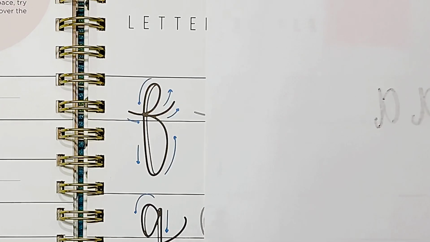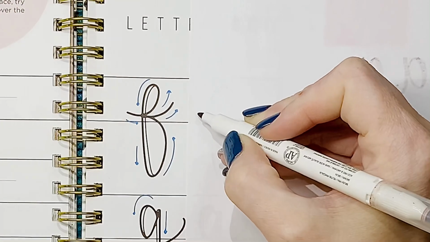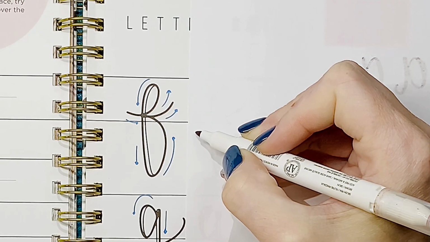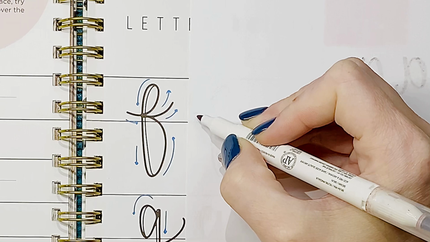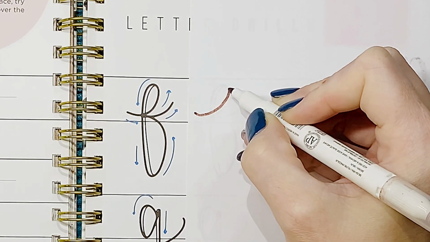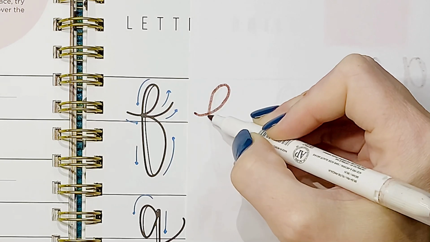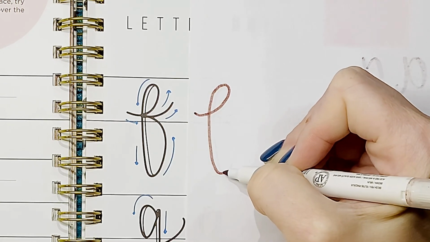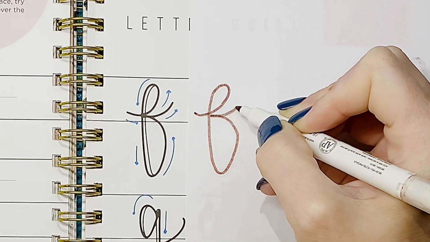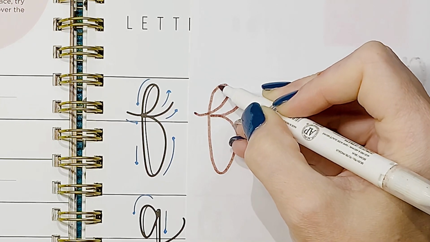F. So we start at the left edge. Oh, this one looks a little more complicated. We start the left edge, and then we go up and around, down. Just make a normal, looks like a normal cursive F. And then the downstroke.